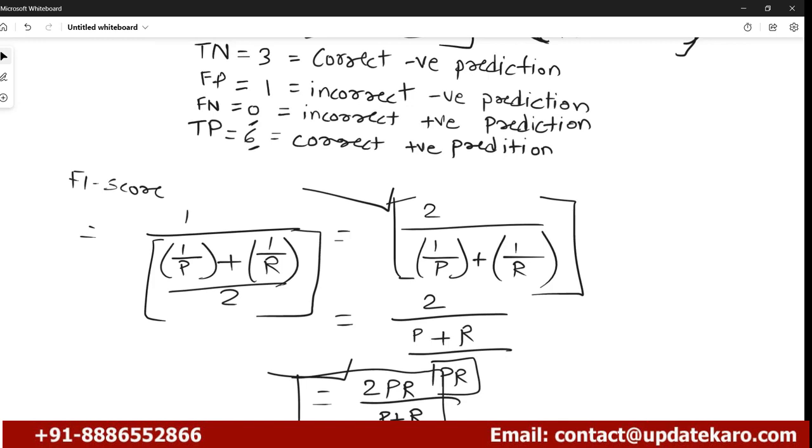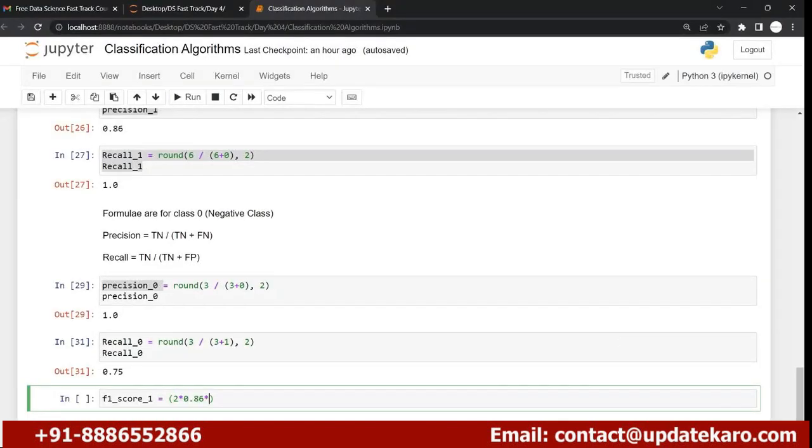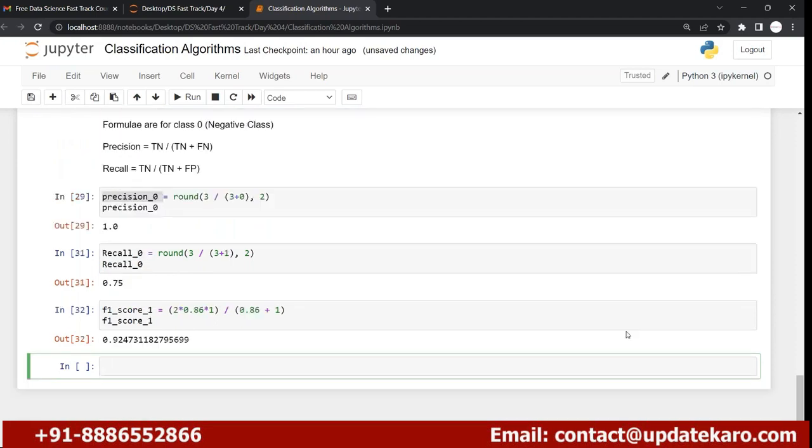So let us go with this. 1 divided by our precision, which is I guess 0.86, plus 1, right? And the F1 score is going to be this much.